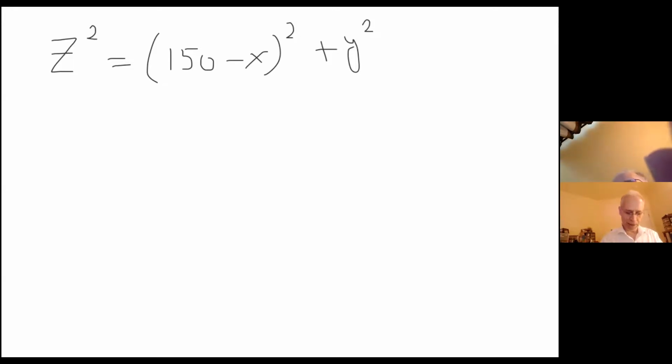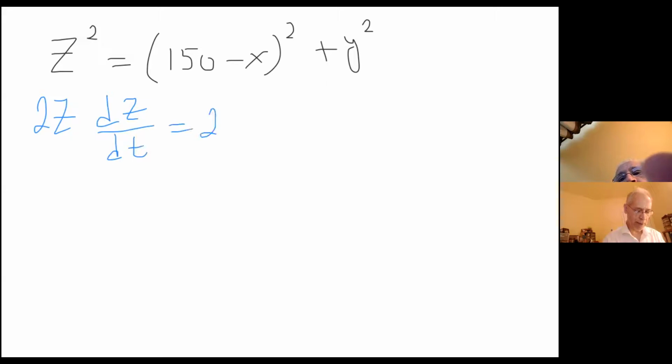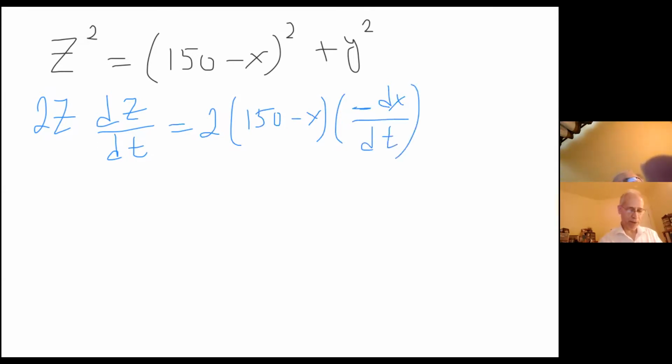And if I take the derivative in relation with time, I'm going to have 2z dz/dt equals 2 times (150 minus x) to the power of 1 times the derivative inside, which is going to be negative 1 times dx/dt, plus 2y dy/dt.